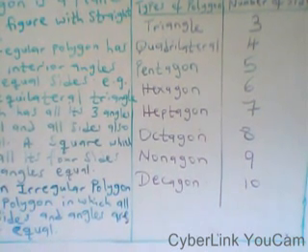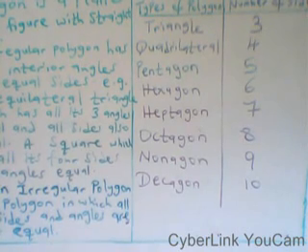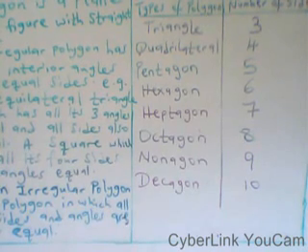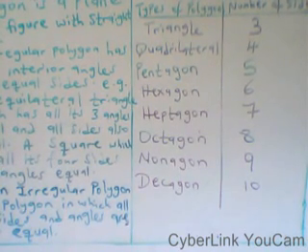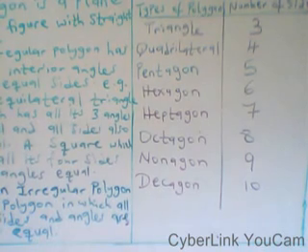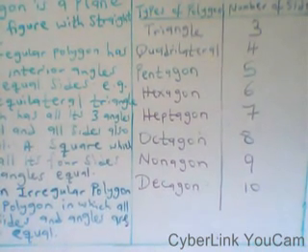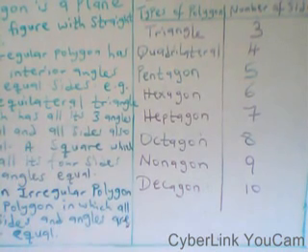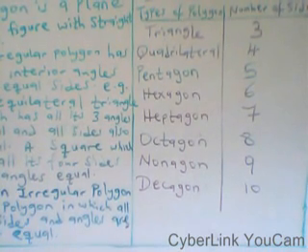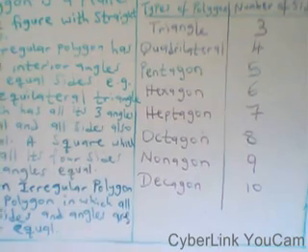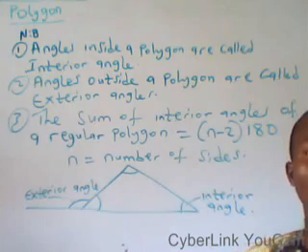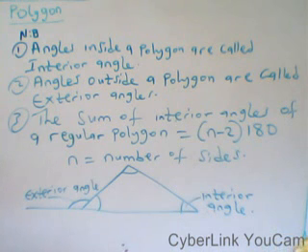But for your class, we are going to limit ourselves and stop at decagon, which is a polygon with 10 sides. So that is for the special types of polygons that we have, together with their corresponding number of sides.